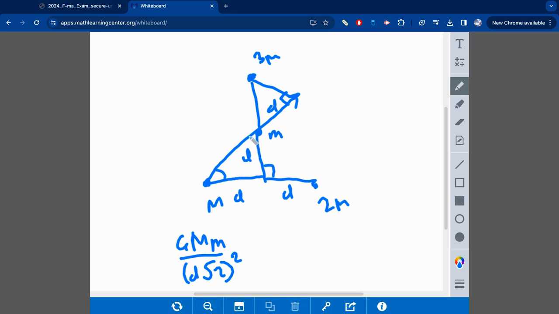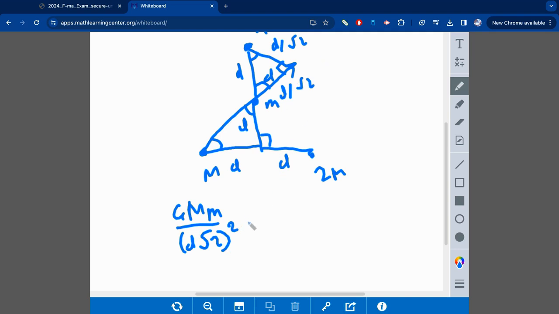So this is 45 degrees, and so is this. It's a right triangle, so this is d, which means that this is d over root 2, and this is also d over root 2. Which means that the perpendicular distance from this force is just d over root 2.